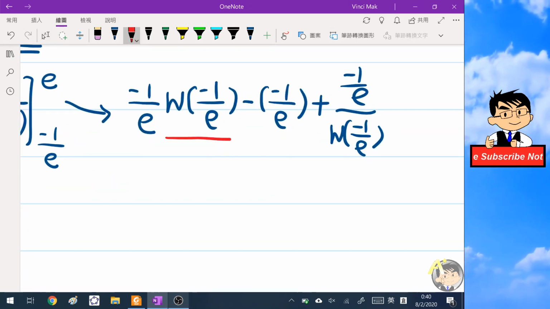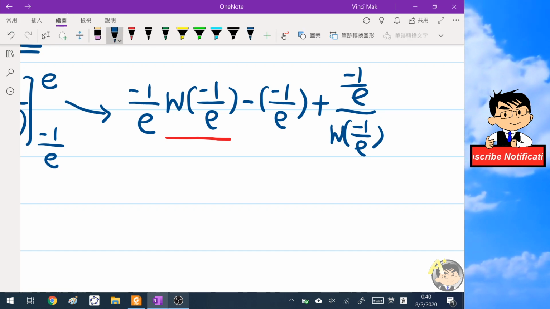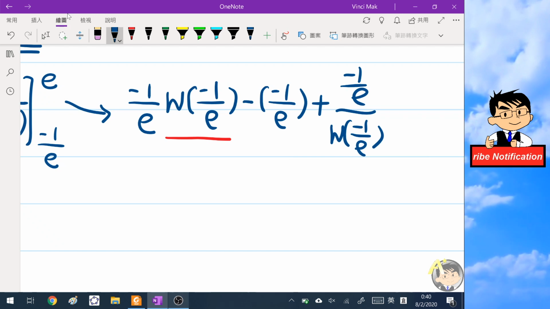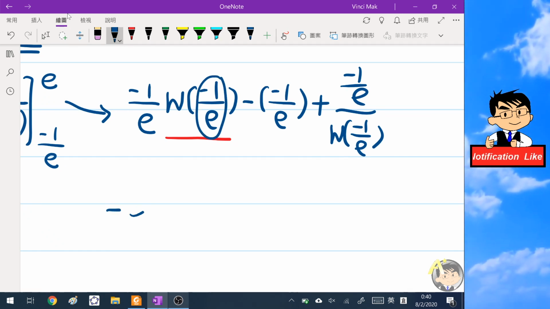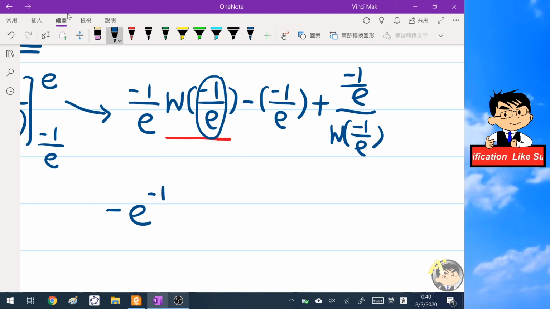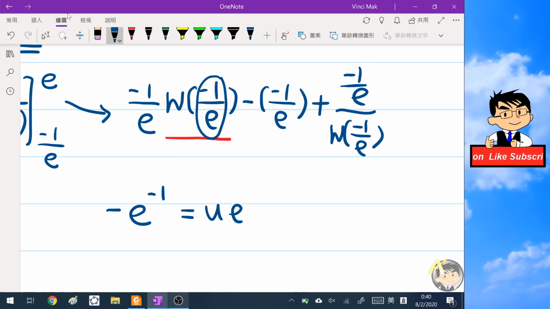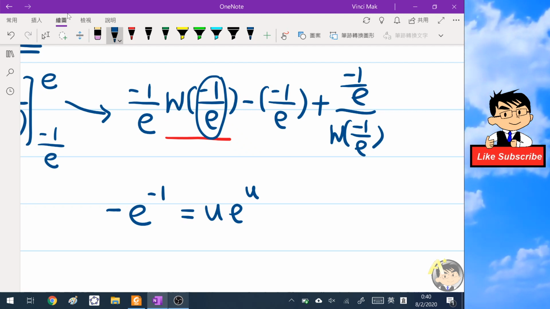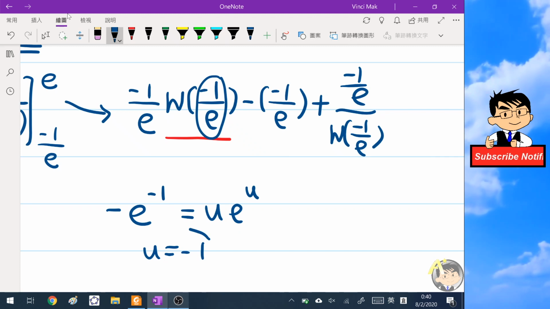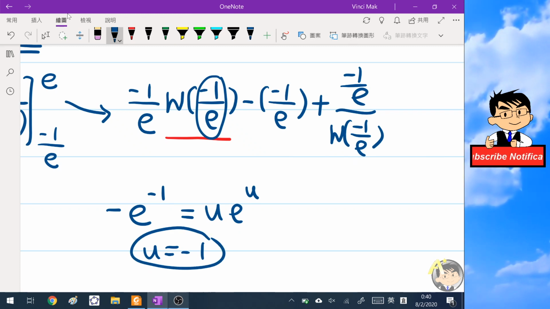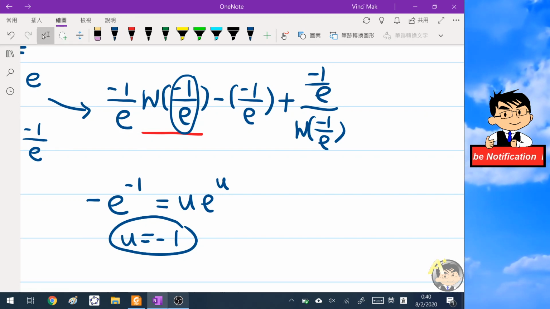And what is this guy? We need to do the same thing. How about we change this expression a bit? We can write it as negative e to the power of negative 1. And we need to think of a number such that both sides are equal, and the only number is negative 1.